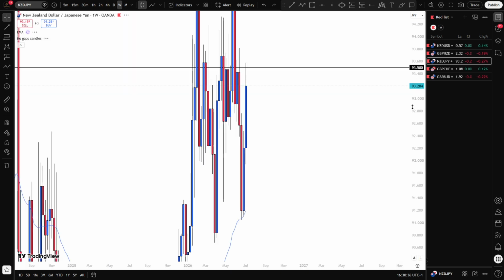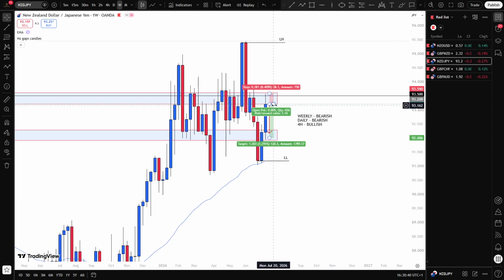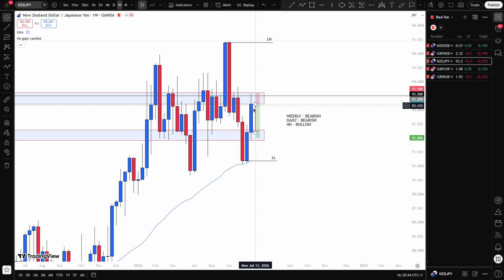So that is what I'm actually looking for. Price is already at the area of interest, so next week we'll just be looking for entry to take the trade to the downside.